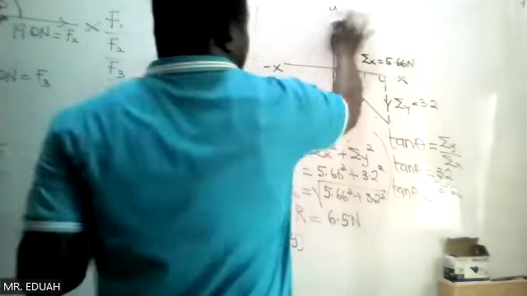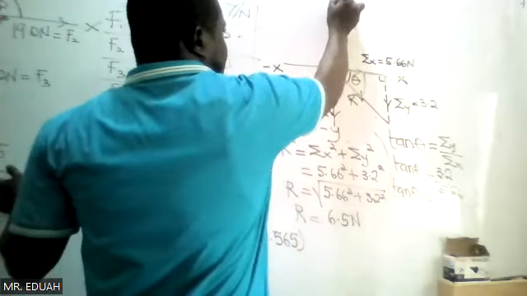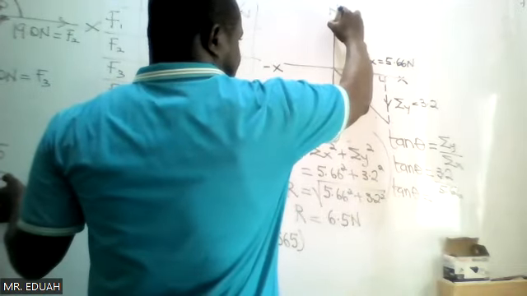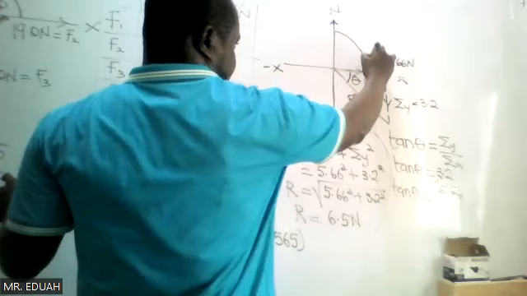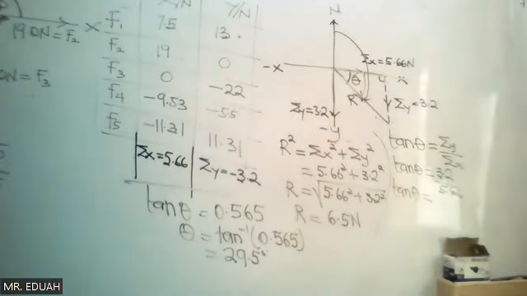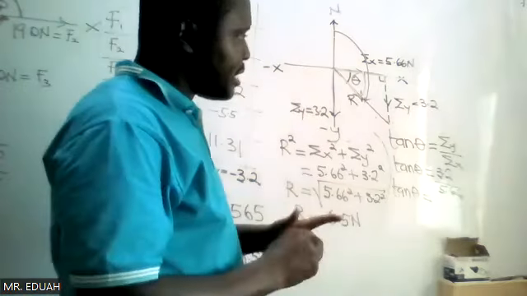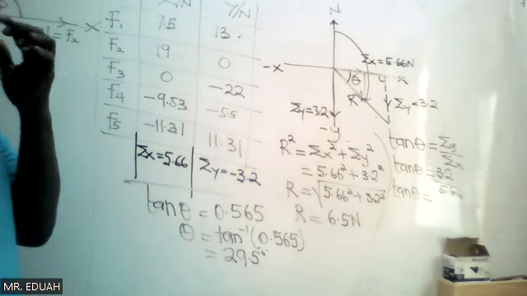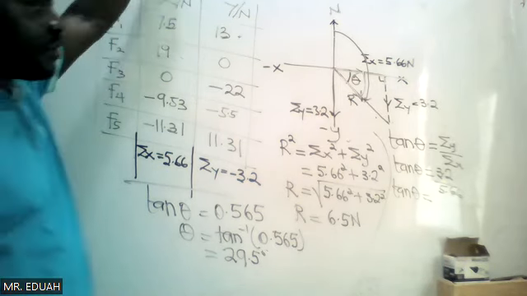So if I'm at the north, then I have to turn through this whole angle in a clockwise direction to get the direction of the resultant.